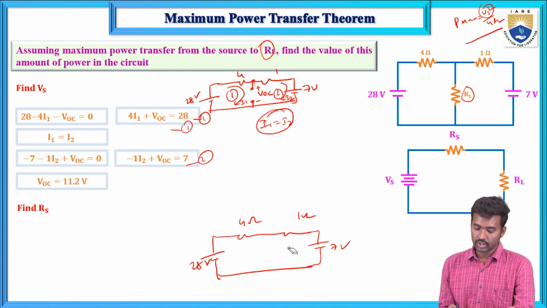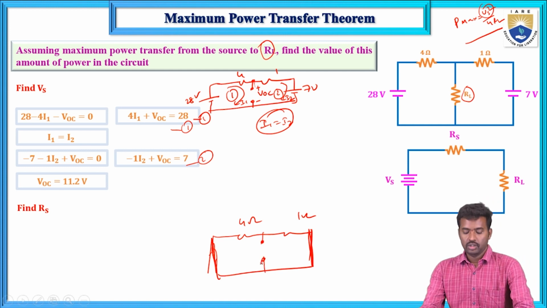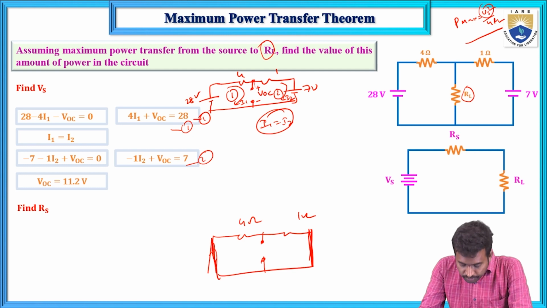First remove the load resistance from the given circuit, and this voltage source is replaced by a short circuit, and this other voltage source is also replaced by a short circuit. Calculate this open circuit terminal resistance.